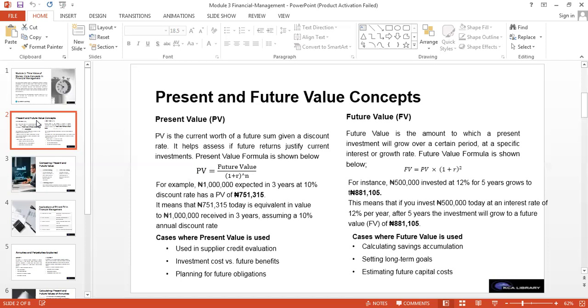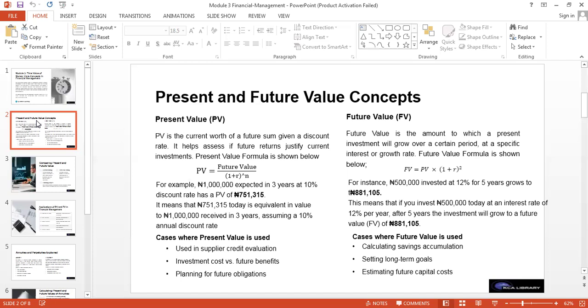It means that 751,315 today is equivalent in value to the 1 million naira received in 3 years. So the value of 1 million naira in 3 years will be 751,315 in today's world, assuming a 10% annual discount rate.